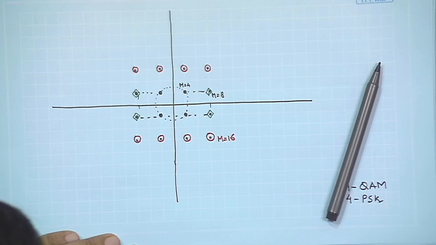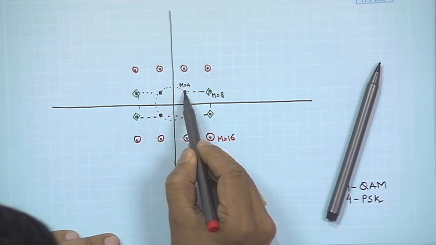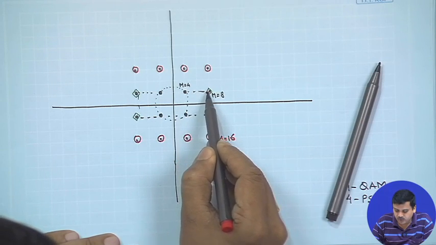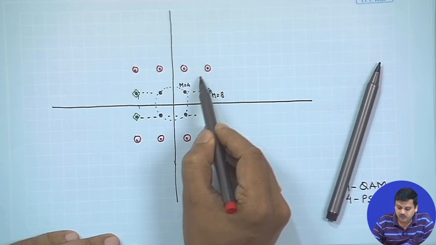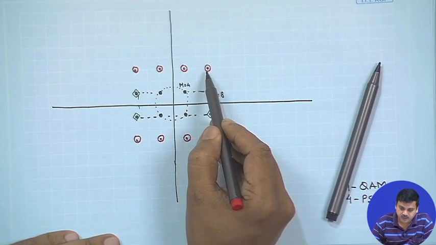So, what you can see that we are easily scaling from 4 to 8 to 16 without changing the earlier constellation, right.